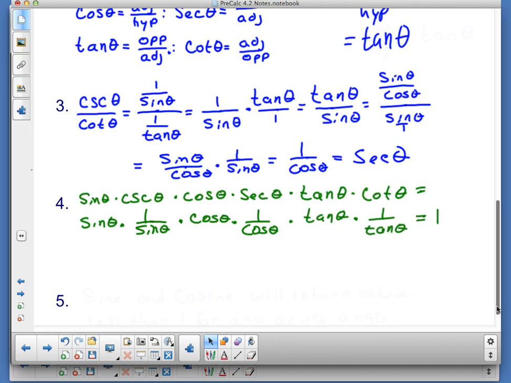But it's not good enough for me to say, well, it's 1. I've got to show why it's 1. So algebraically, I've got it set that it's 1.